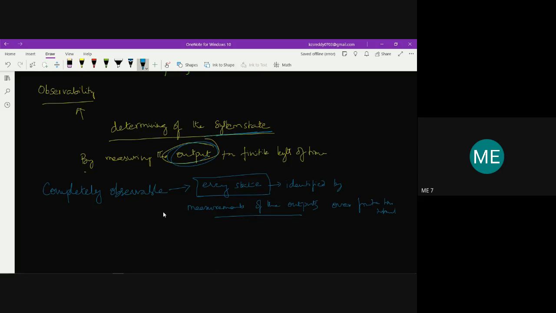So how are we going to say that the system is completely observable? If every state is identified by the measurements of the outputs over a finite interval of time.